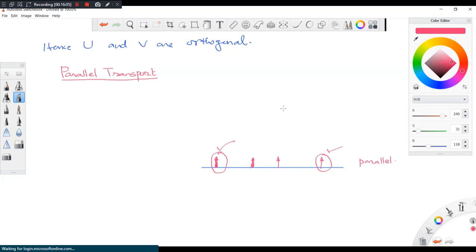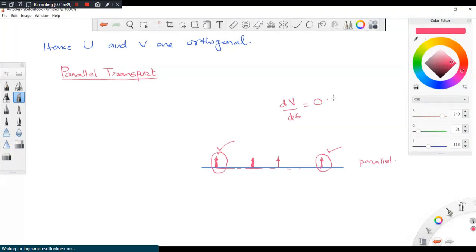Okay, so which means that suppose V is my vector and I take the derivative with respect to some S. S means the arc length. The length is changing, and when I reach the final stage, the vector remains the same. It is not a different vector. It is equal in magnitude and direction. So when I move parallelly, this vector has the property that dV by dS will be 0.